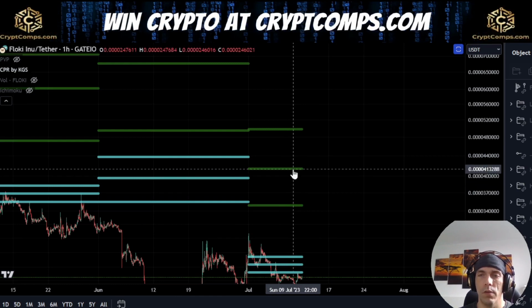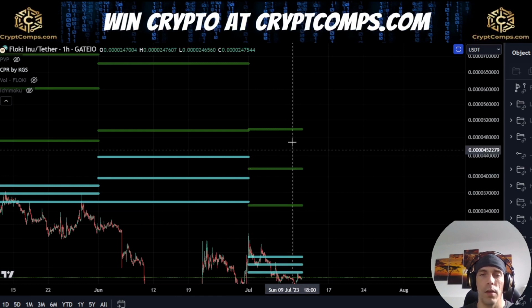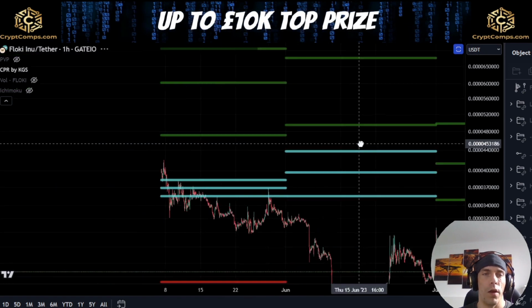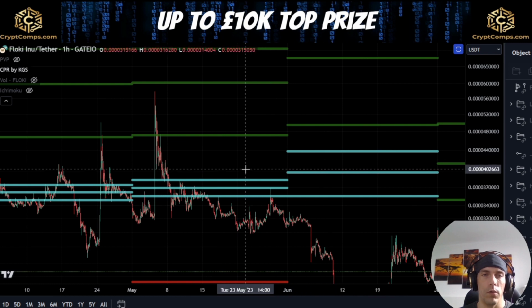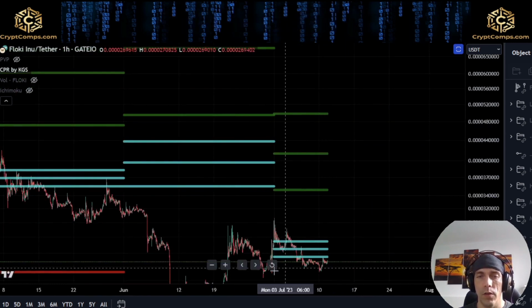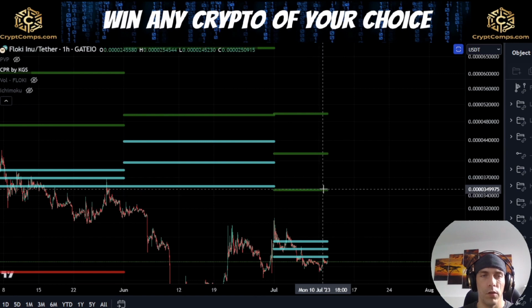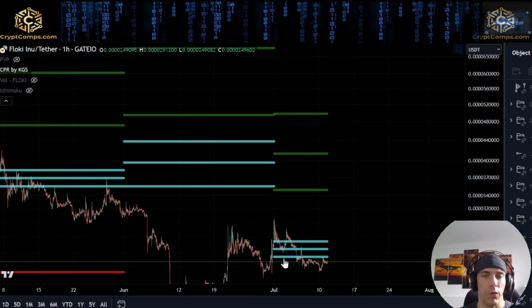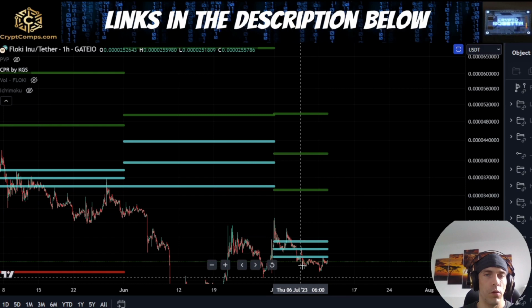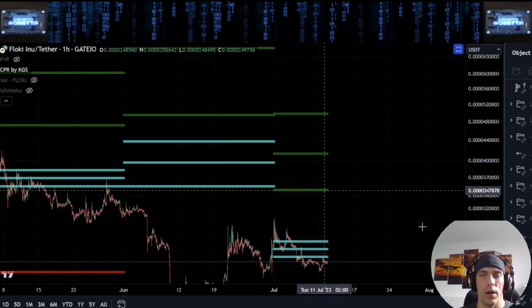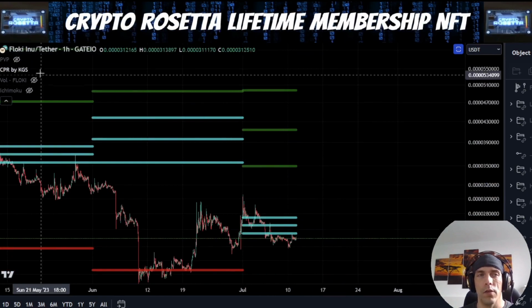And then we do have this 413288 as another target, and this 497931 as another potential target to the upside. So I'm going to be keeping an eye on these if we do see price start to gravitate to the upside here. Particularly this one is going to be interesting to me. Obviously it's the first one above us, but if we do see price actually start to push up into these ranges, going to be keeping an eye on any kind of interaction with these levels.